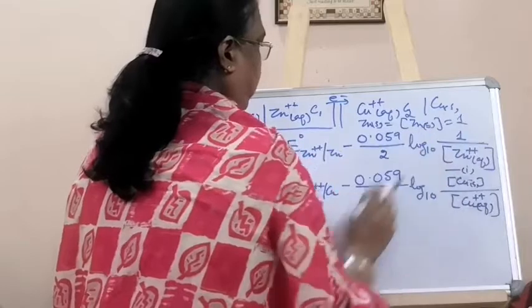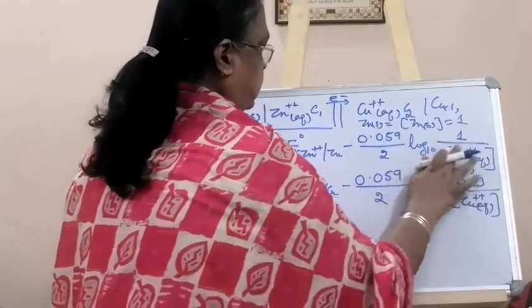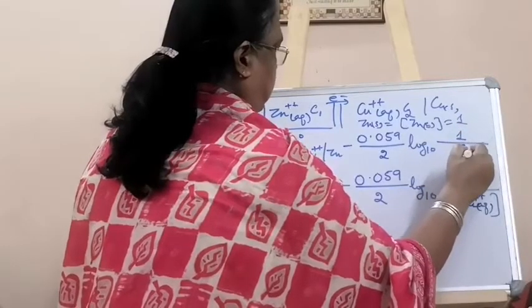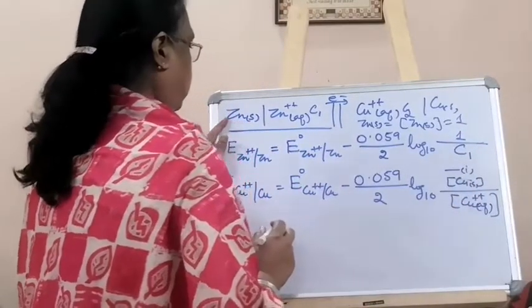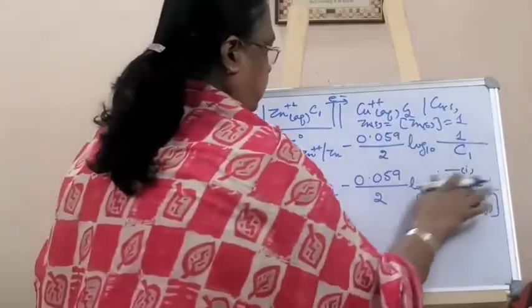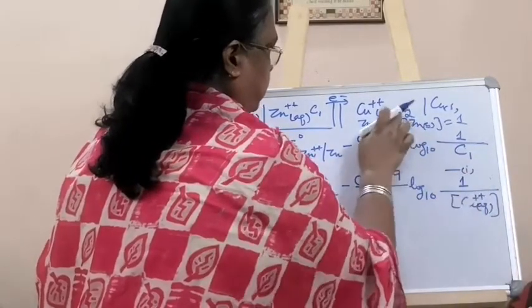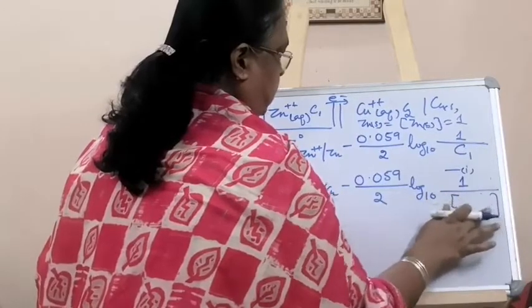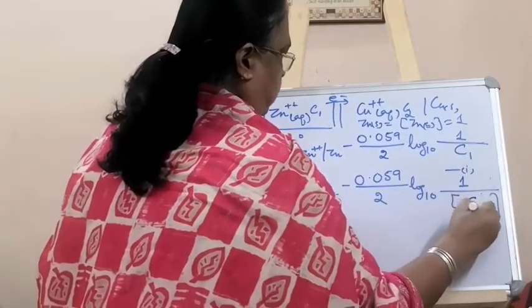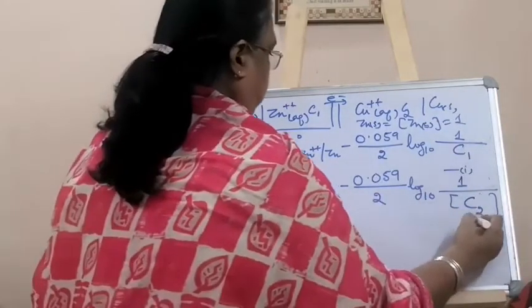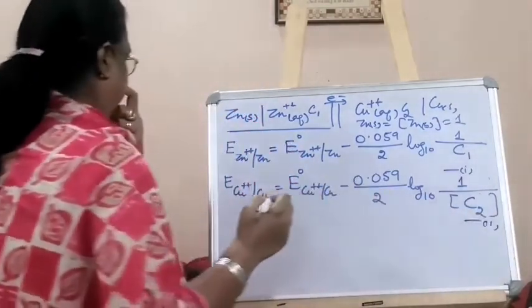Here I will take 1 and this concentration is given as C1. Here also this will be unity and this concentration we have taken as C2. And this is your equation 2.